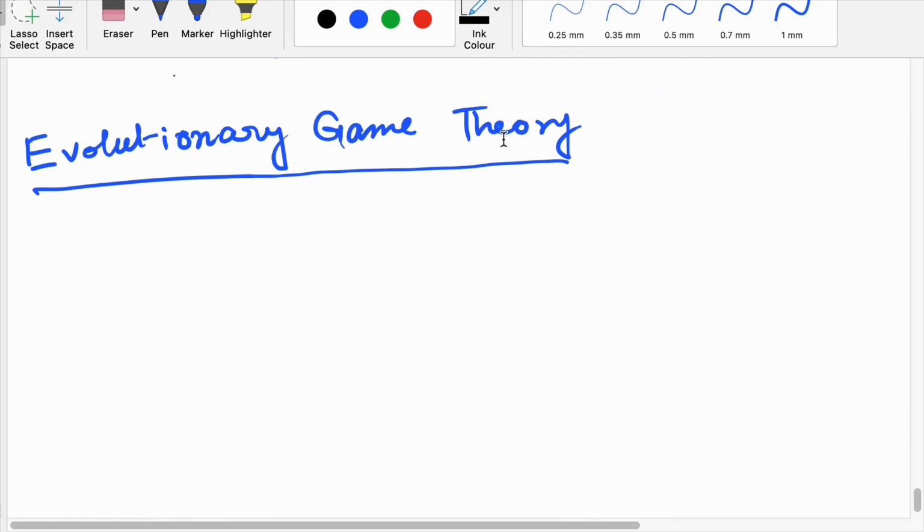So the concept is called rationality. Every individual playing the game has to have some rational mind. But what John Maynard Smith and George Price tell is that without this rationality, without thinking that I am going to maximize my payoff, there is a population, and a population can play a game.